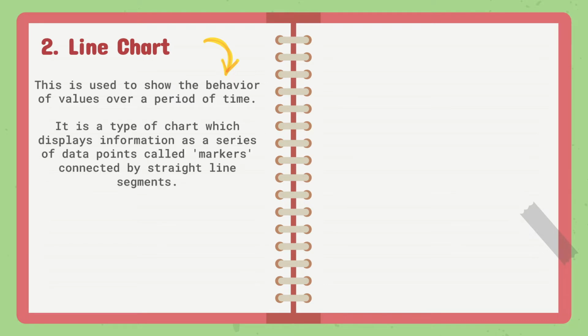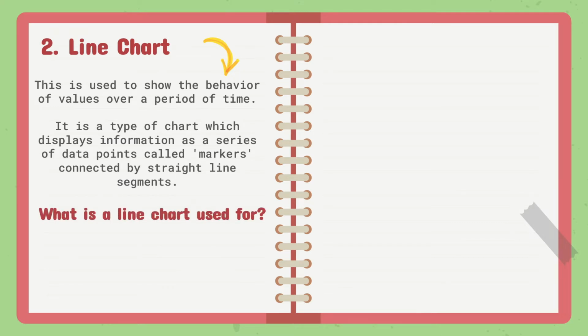Number 2, let's have line chart. This is used to show the behavior of values over a period of time. It is a type of chart which displays information as a series of data points called markers connected by straight line segments.